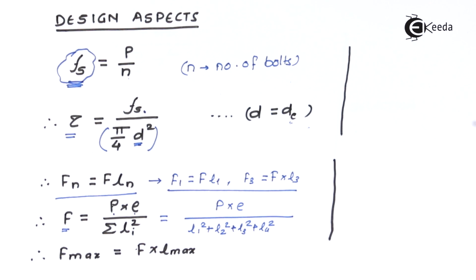In case of more number of bolts, it will go on changing provided that the pattern is maintained. So maximum force that acts on any of the bolts will be given by the total normal force into maximum length. In our case, with our nomenclature, this is possible only for third and fourth.